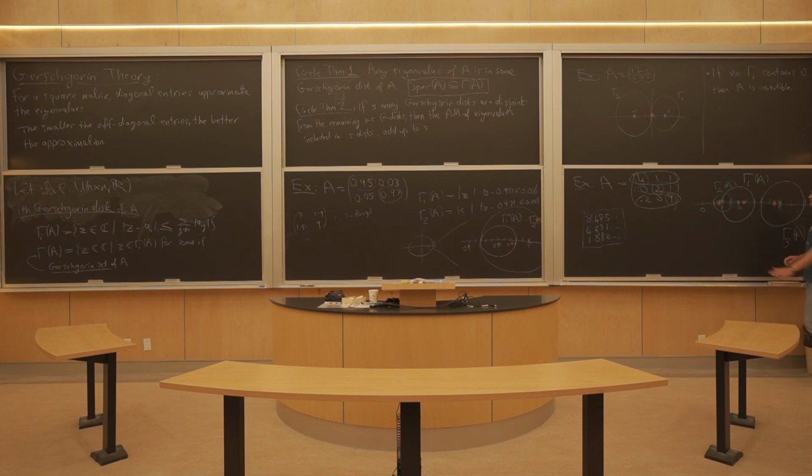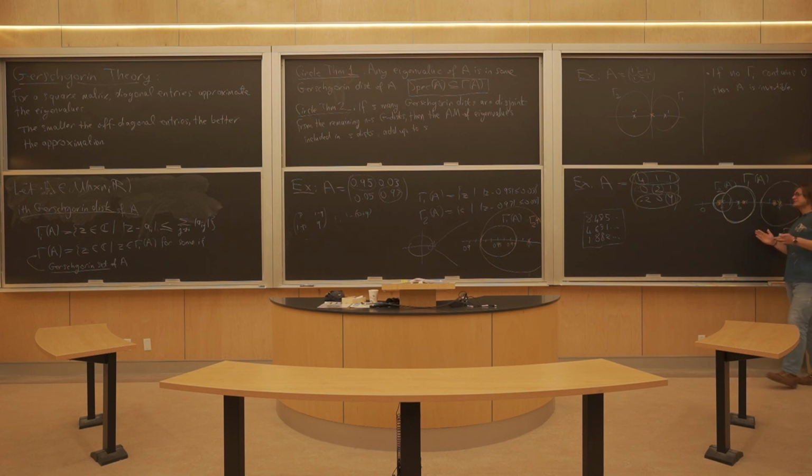On the left, I have one cluster of Gerschgorin disks that is disjoint from the rest. Okay? Now, the second circle theorem tells you that in this big union, Gerschgorin tells you that somewhere in here there are some amount of eigenvalues.